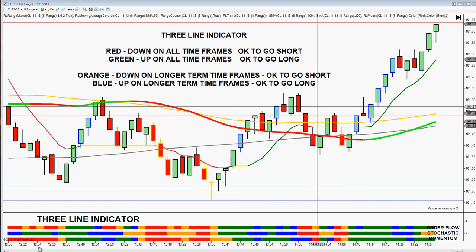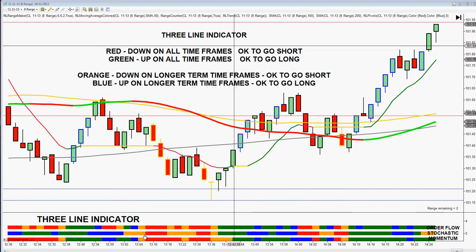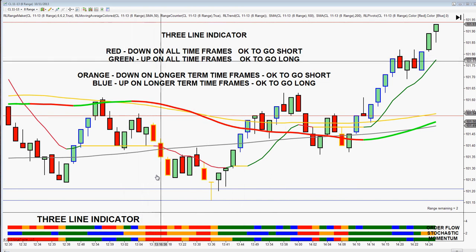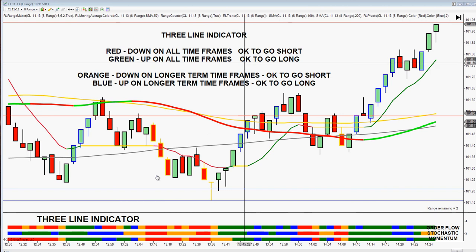So here are our 3-line indicator rules. When we're red on all time frames, the 3-line indicator will be red when we are down on all time frames. That's an okay to go short. The 3-line indicator will be green when we're up on all time frames.